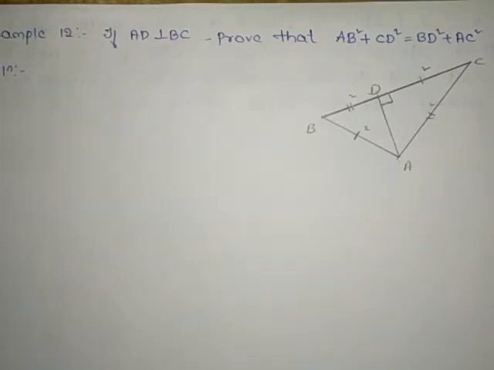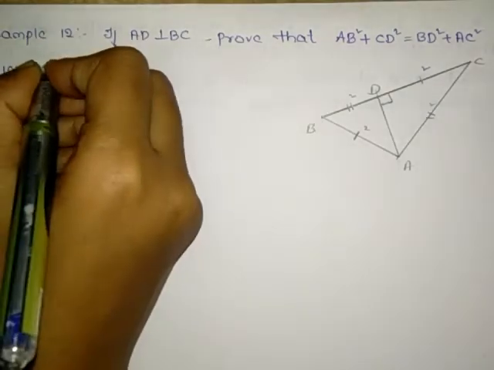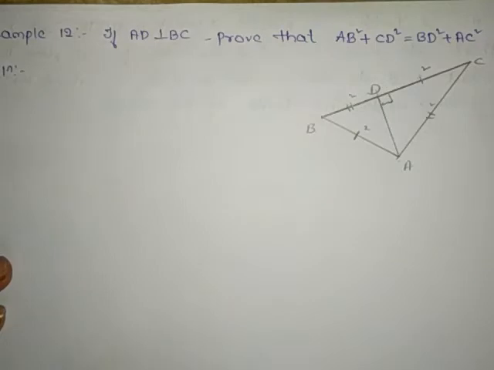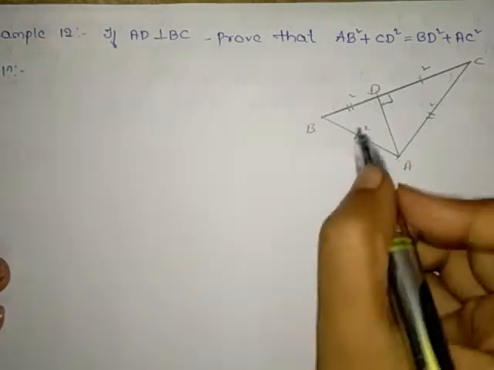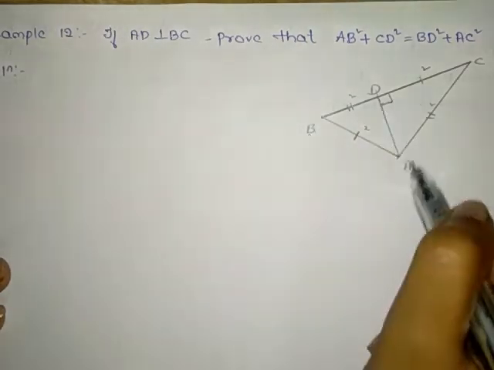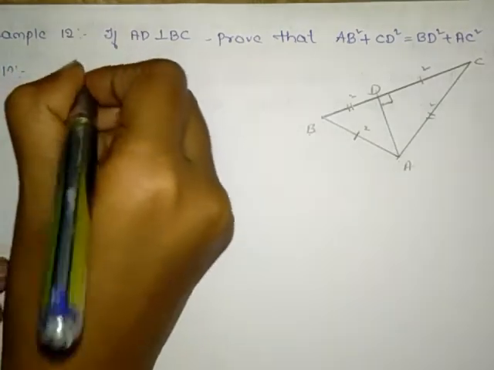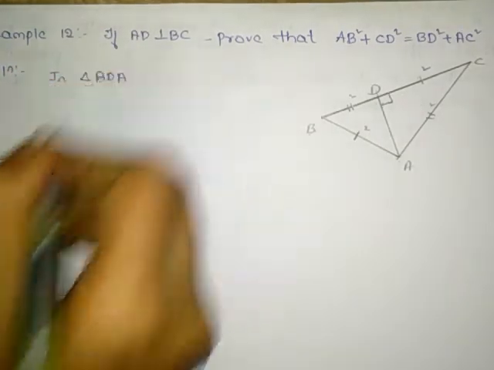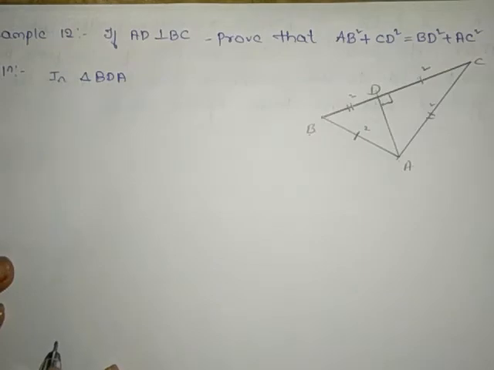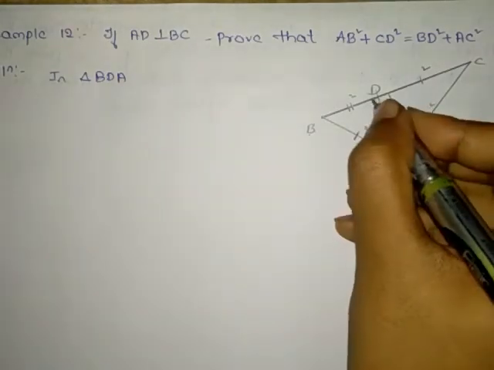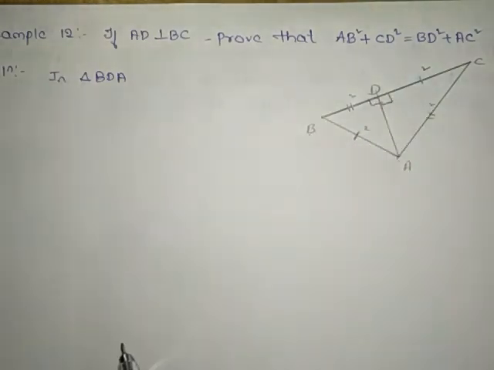Let's begin the proof. Here first we'll consider triangle BDA. In triangle BDA, we are going to apply the Pythagoras theorem, right? Now it is right angled at what? Here D, isn't it?